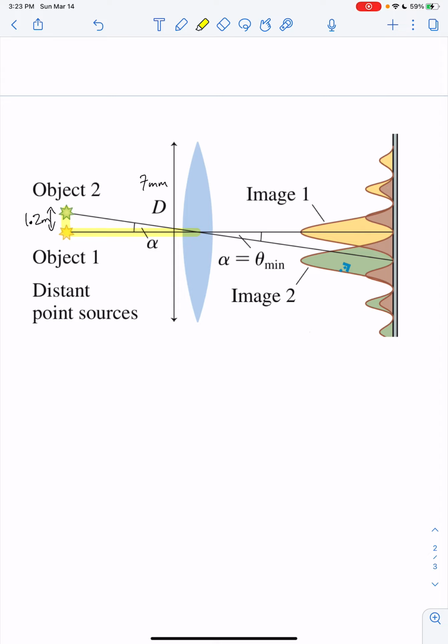And then this theta term is important because that's telling us the case where these two are going to be seen independently, right? These two images produced by this system are not going to overlap entirely.